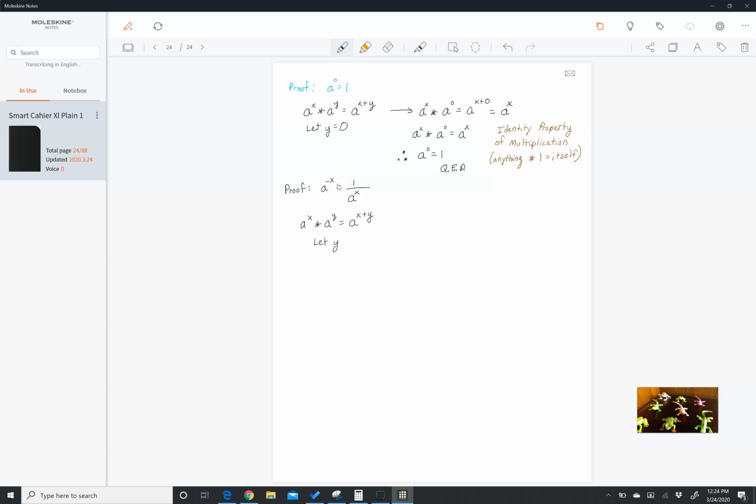And we can do whatever we want, as long as we're not breaking any rules, and we're not breaking any rules here. So a to the x times a to the negative x is equal to a to the 0, and we already showed that a to the 0 equals 1, so we can use that. So let's take out this middleman and just write this.